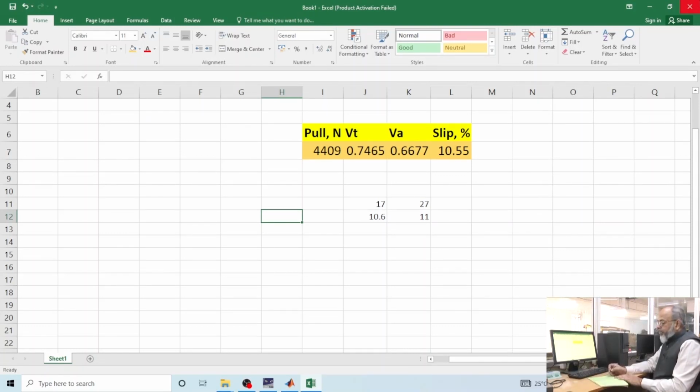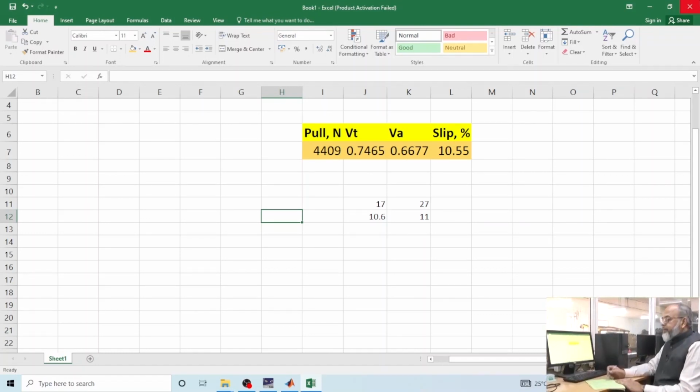Similarly, for theoretical velocity, we measured the number of pulses to be 17 in a duration of 10.6 seconds. 17 minus 1 we have neglected, assuming that we have started at the beginning and are getting a pulse. So, 17 minus 1 divided by 8, because in one revolution there will be 8 pulses, and the time duration is 10.6 seconds.